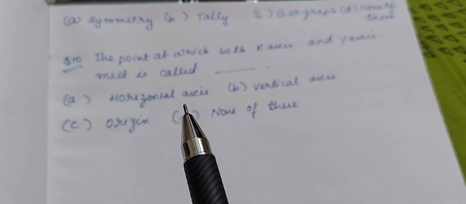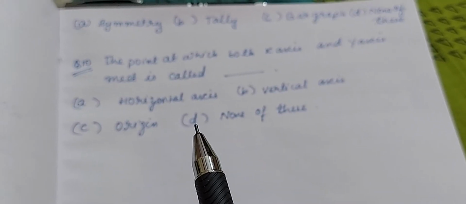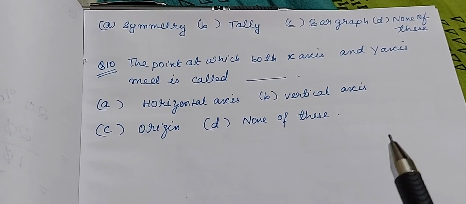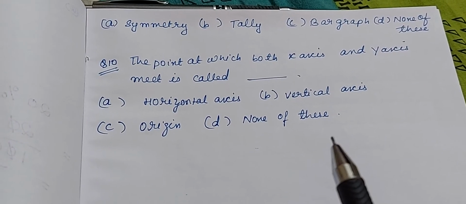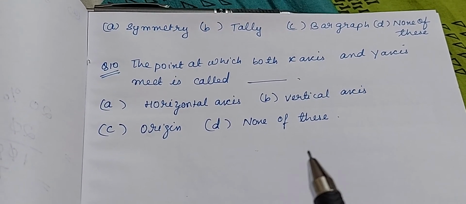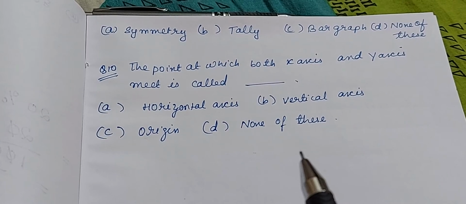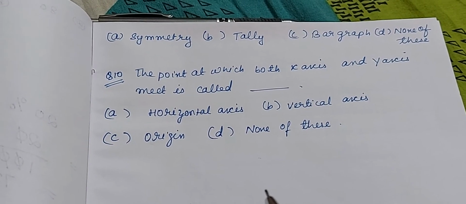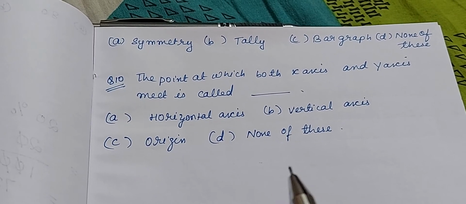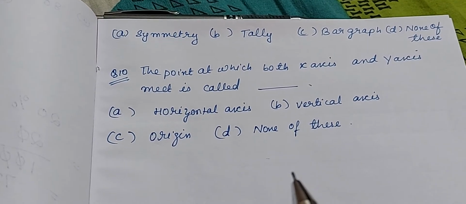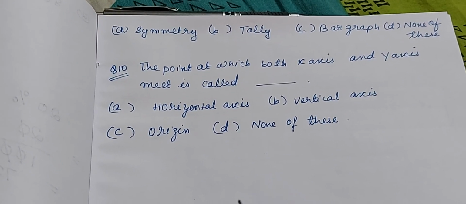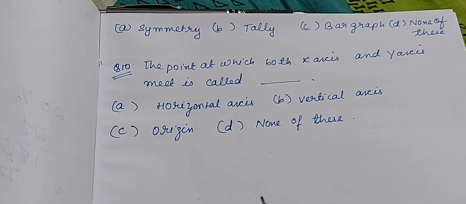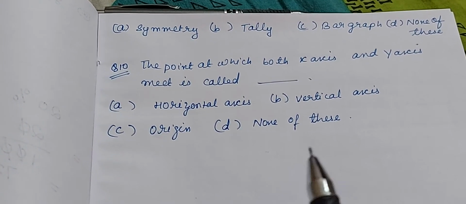See, symmetry is to show the line of symmetry. Tally means what? What do you mean by tally? Tally means you are placing tally marks, no? That is called tally. What about bar graph? Bar graph you can easily show. Why? Because the height of the bars will represent the population. So accordingly you have understood, so you can mark it.